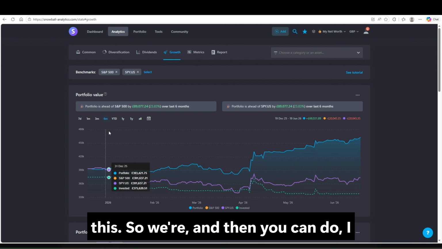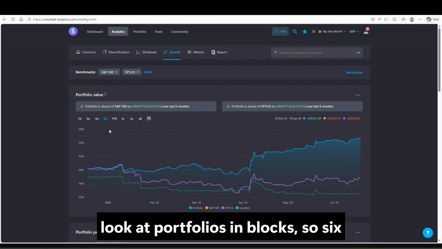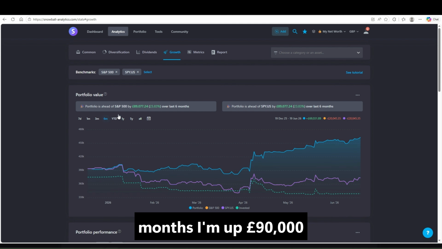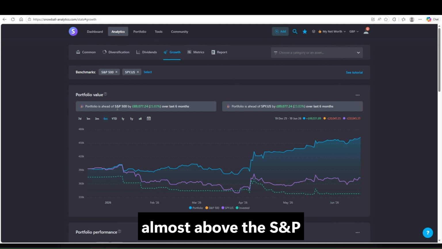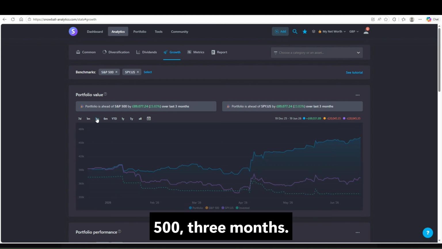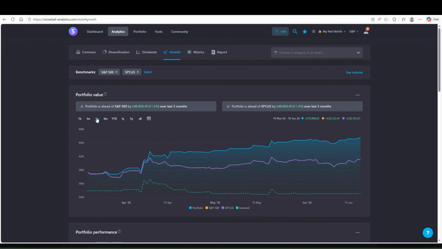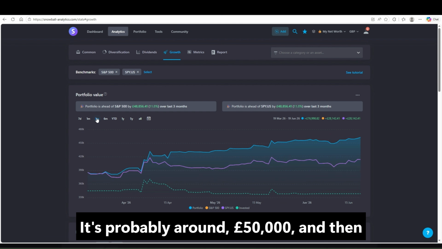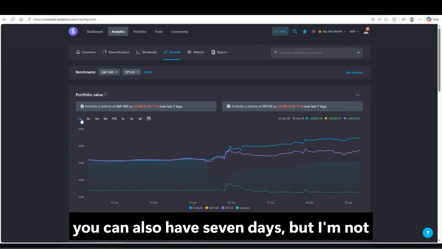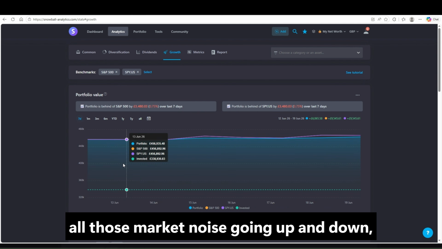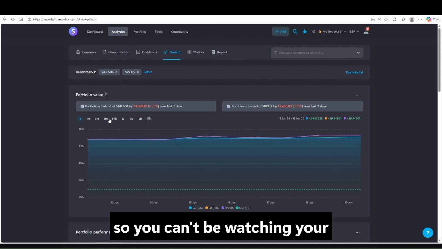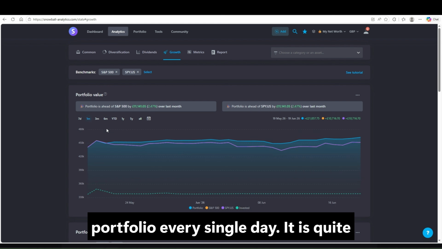And then I look at portfolios in blocks. Over 6 months, I'm up 90,000, almost above the S&P 500. 3 months, it's probably around 50,000. And then you can also do 7 days, but I'm not bothered with that because it's all market noise going up and down. You can't be watching your portfolio every single day.